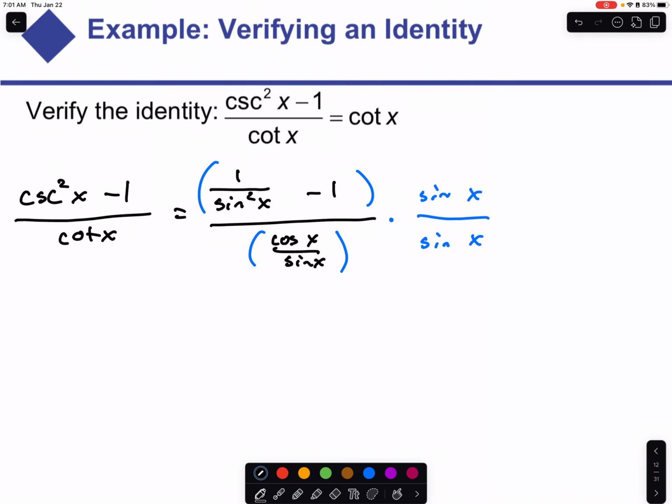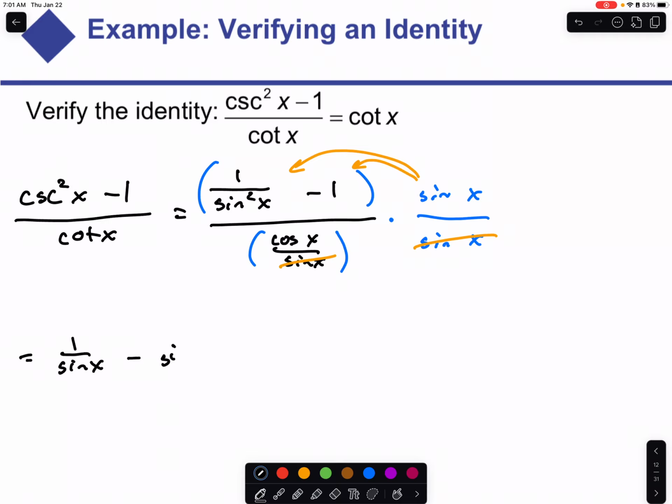So we would have to distribute here. And if we get it to work out, I'll explain why I made that adjustment. This is going to cancel that. Now, sine divided by sine squared, we're going to be left with 1 over sine x, because one of them cancels and one persists.